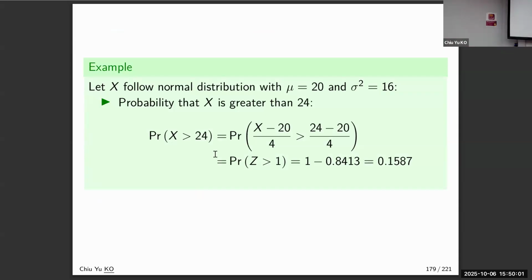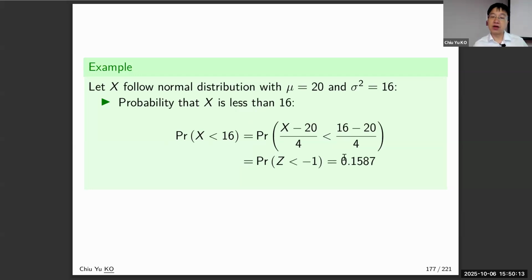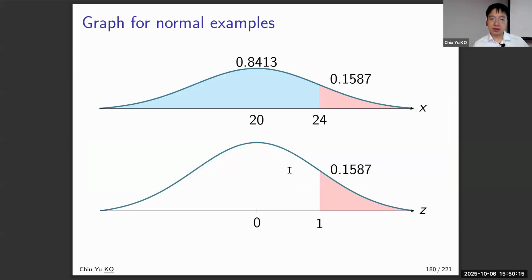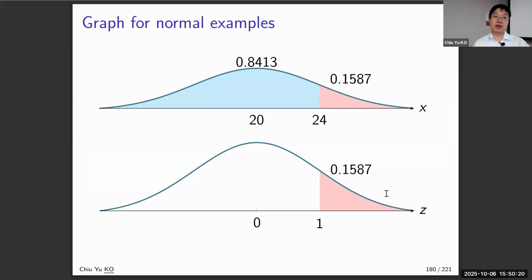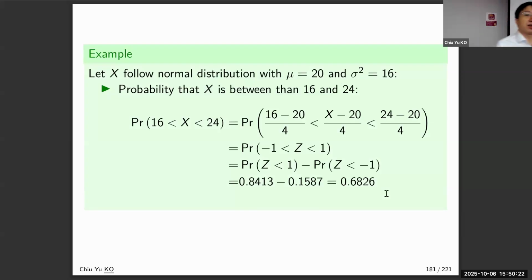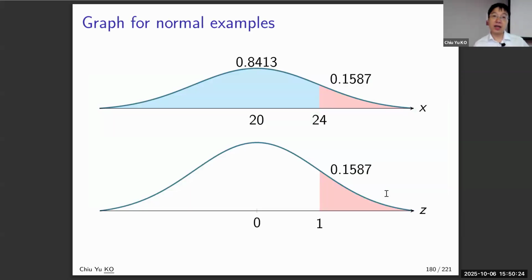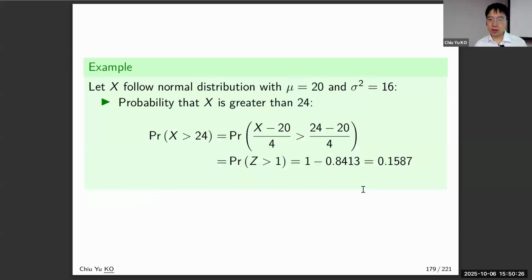Then you take 1 minus the answer we have, because it's symmetric. The area less than -1 is the same as the area more than 1. So just 1 minus that. Is that okay? Just remember this is 1 SD above the mean.